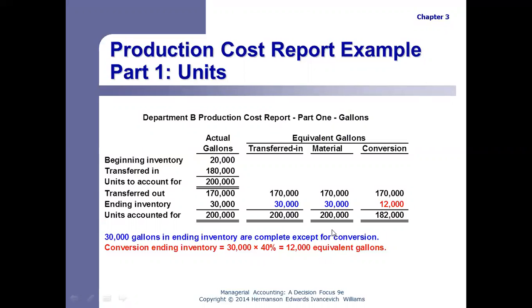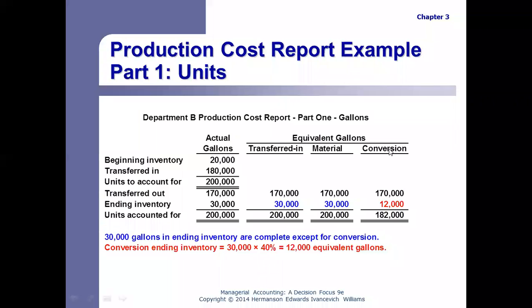So in the case where all the materials are added at the beginning of the process, the equivalent units of materials is always going to be equal to the total actual physical quantities here. In other words, this 200,000, the 170,000 transferred out, and the 30,000 ending inventory, that's going to be the same for equivalent units of materials. So equivalent units for materials is easy, as long as the assumption is all the materials are added at the beginning of the process.